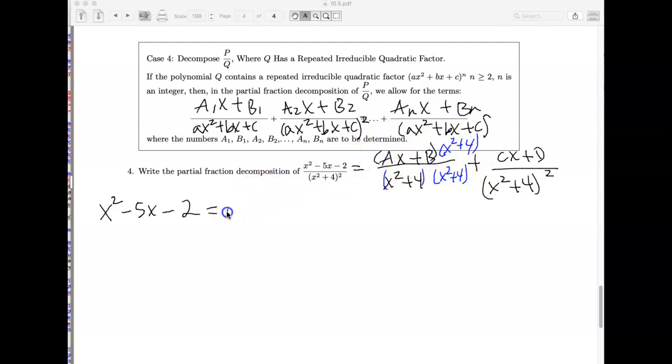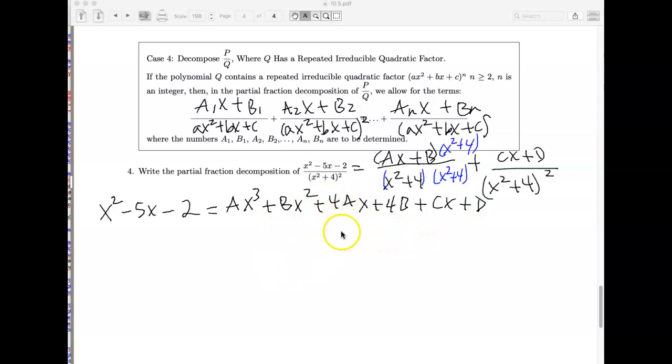So it'll be ax cubed plus bx squared plus 4ax plus 4b, and then plus our cx plus d.